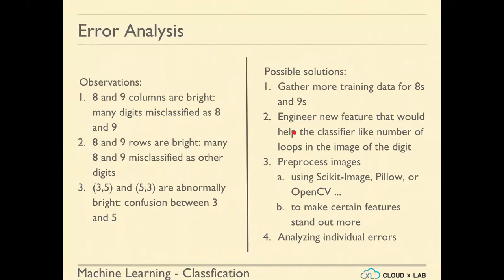Engineer new features that could help the classifier, like the number of loops in an image. Here we could pre-process the image and try to identify the number of loops in the image, and we put it down.